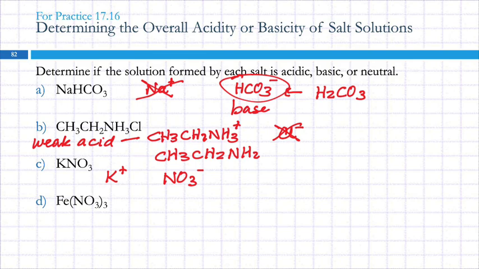It's the counter ion for KOH, right? So because this is the counter ion of a strong base, that means it's neutral. What about this? Strong acid. That's the conjugate base of a strong acid, so also has no effect on pH. So that solution is neutral.